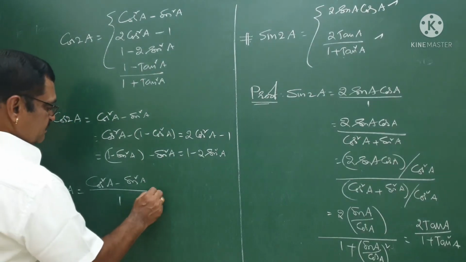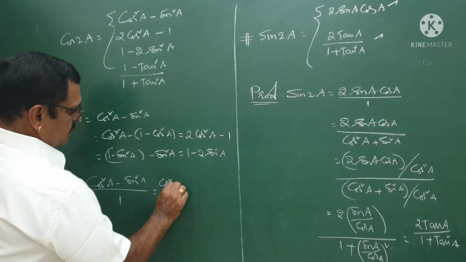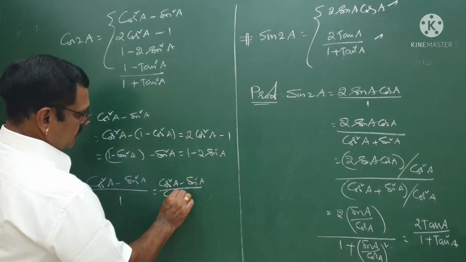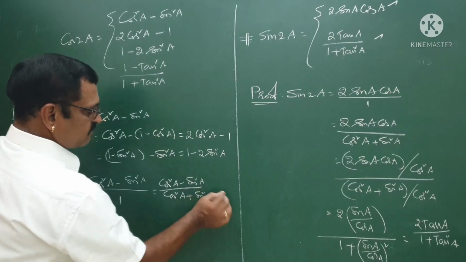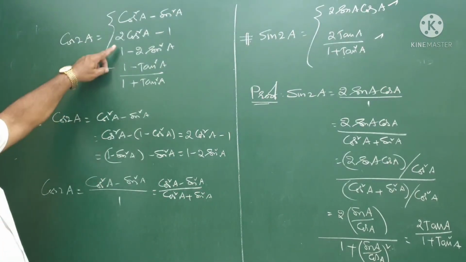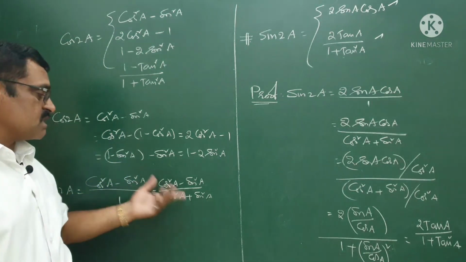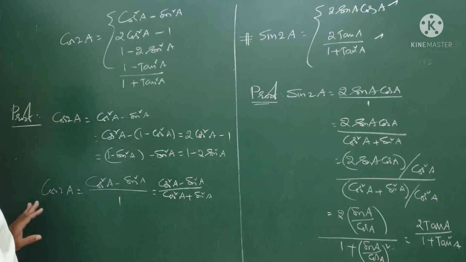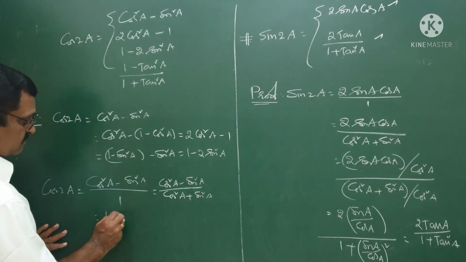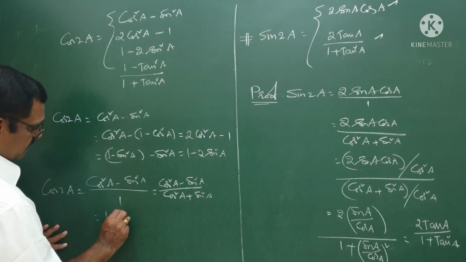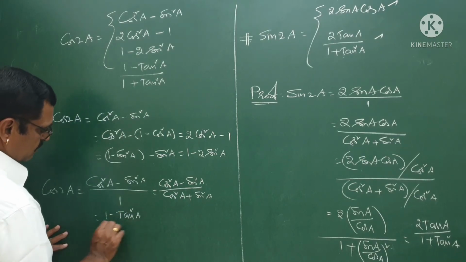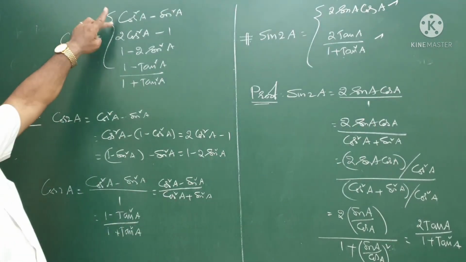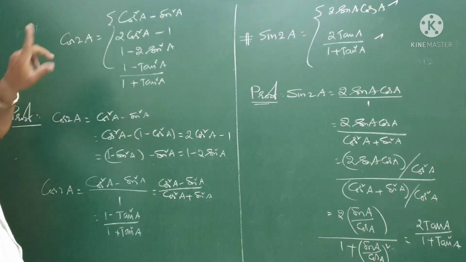I write this 1 as cos square A minus sine square A, this 1 as cos square A plus sine square A. Now I want 1 and 1 here, so I remove the cos square by dividing both the numerator and denominator by cos square A. So when I do that, I will get 1 minus sine square A by cos square A, I will get 1 minus tan square A by 1 plus tan square A. So I can use either first one or second one or third one or fourth one for cos 2A. Please take it.